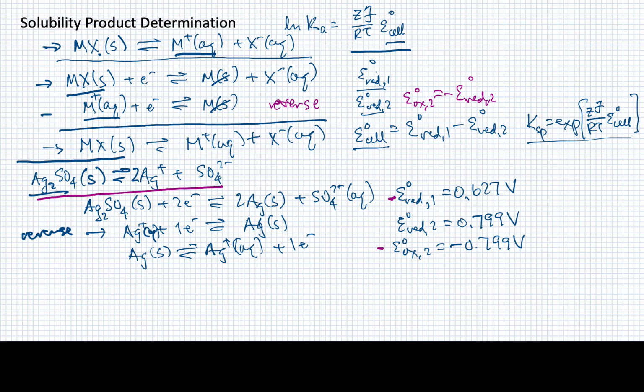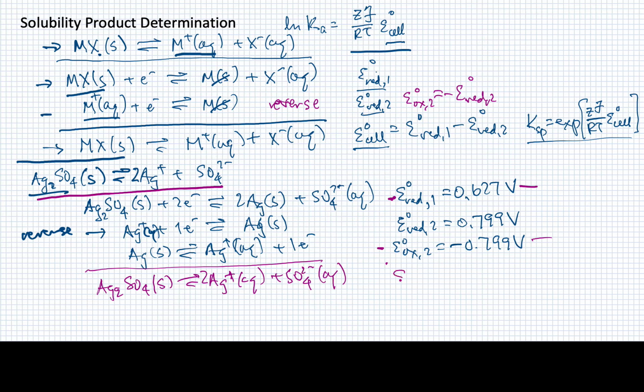So I need to add those 2 cell potentials, or 2 half cell potentials. I will get the net reaction that I want here when I add these 2 together. And those are 2 silvers plus a sulfate.